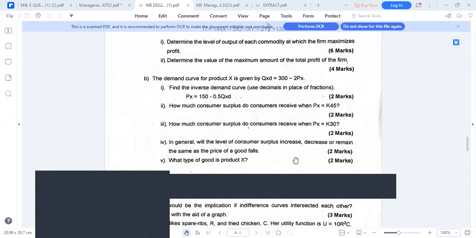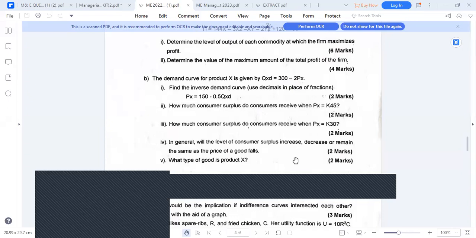So we are now going to the last part of the question. In general, will the level of consumer surplus increase, decrease, or remain the same as the price of a good falls?